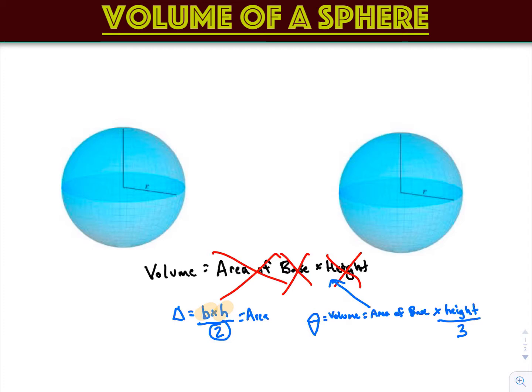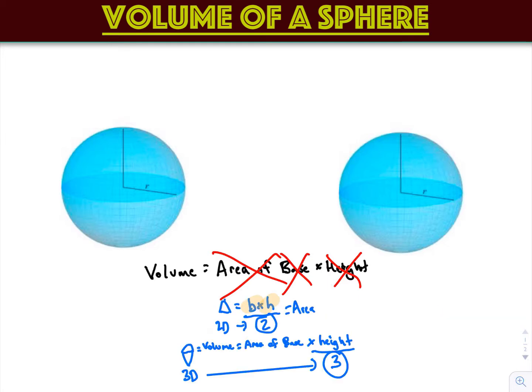And the reason for that is we can have 3 triangular heights that would make up 1 rectangular height, because it is a 3D shape. So for 3D shapes that are triangular in nature, we divide by 3. This again is our cones and our pyramids. These are our 3-dimensional shapes that have a height of a triangle. And for our 2D triangles, we divide by 2.